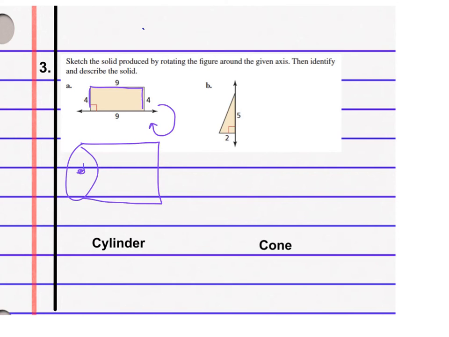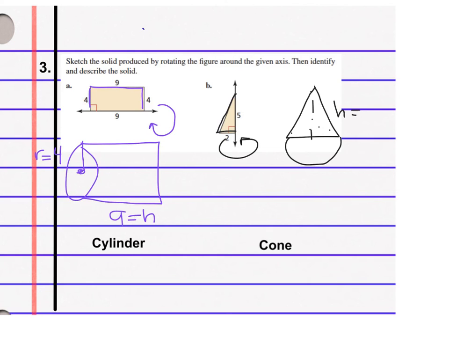The radius would be 4, and the height would be 9. Here we have a triangle, and we're going to rotate it around this axis, and that would give us a cone. The height of my cone would be 5, and the radius would be 2.